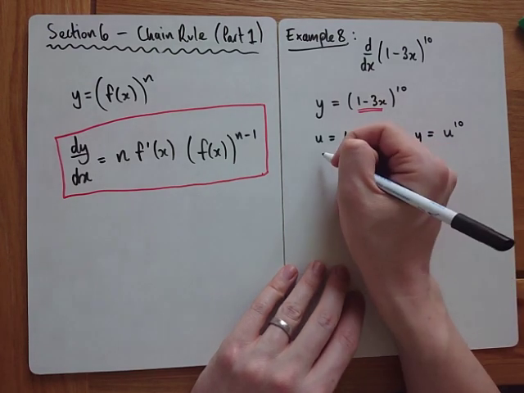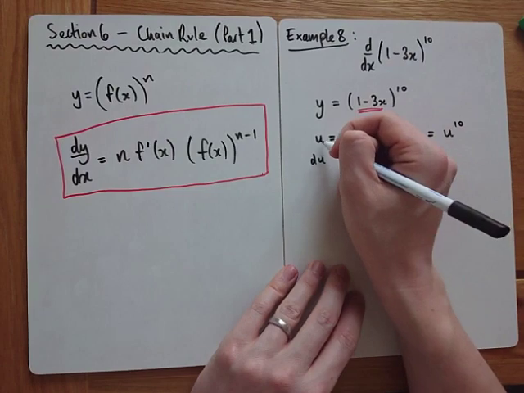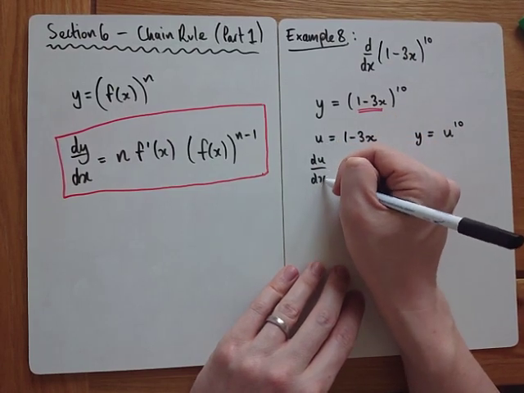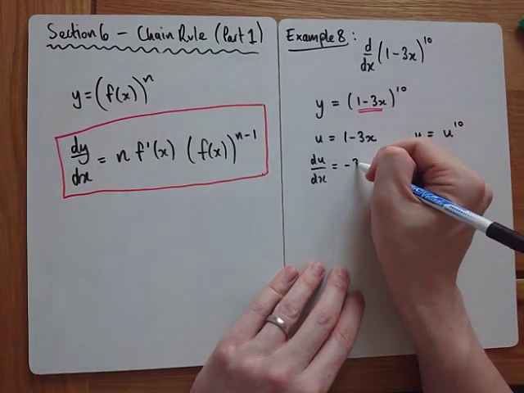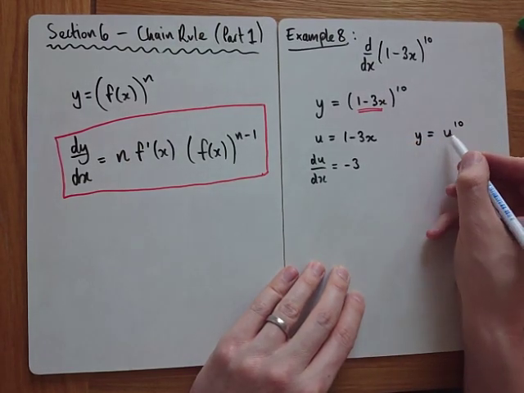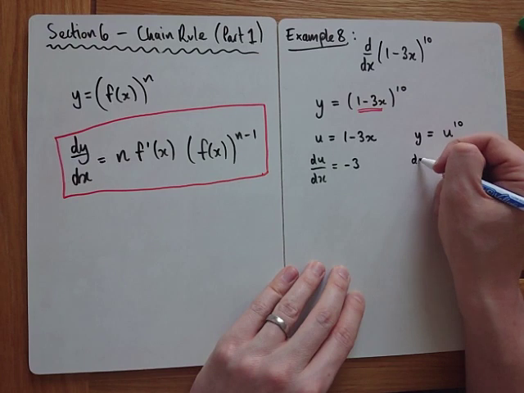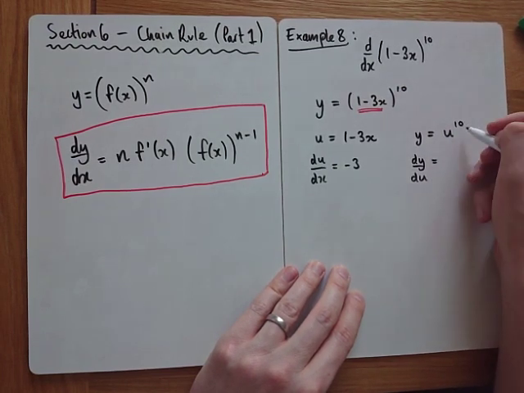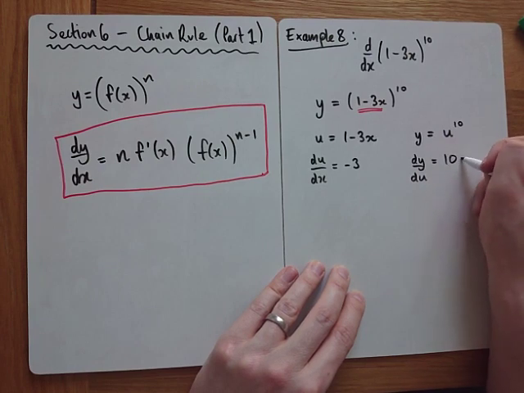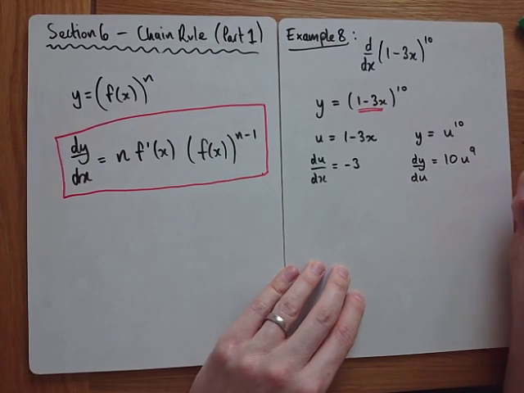Then we differentiate separately, but we're careful with our notation. That's going to be du by dx, because u is a function of x, so that would be minus 3. And y is a function of u, so that would be dy by du: just the polynomial times by the power, take 1 off the power.